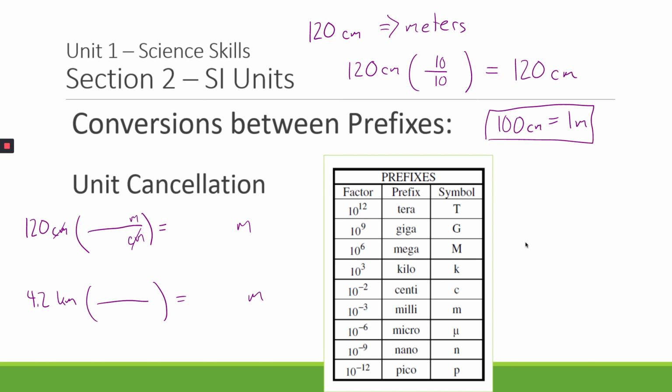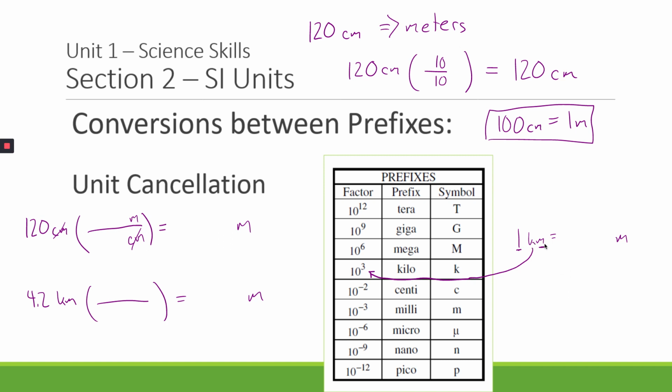So if I have 1 kilometer, how many meters do I need to have for those two sides to be equivalent, because that's what we need, right? That's where this chart comes in. If you have 1 kilometer, this stays the same, this stays the same, and whatever you see as your prefix, this is when you sub in that number from the chart.